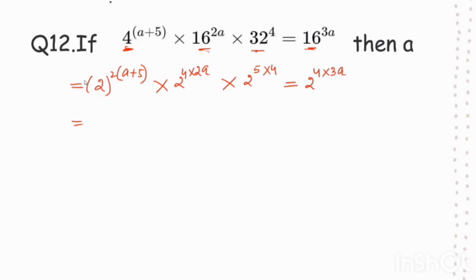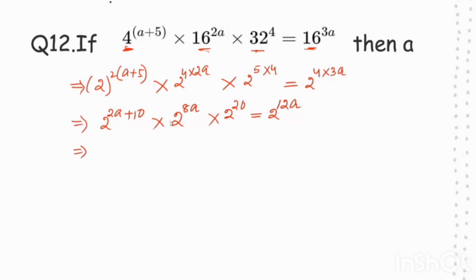That is 2 raised to the power 2a plus 10, into 2 raised to the power 8a plus 20, equal to 2 raised to the power 12a.